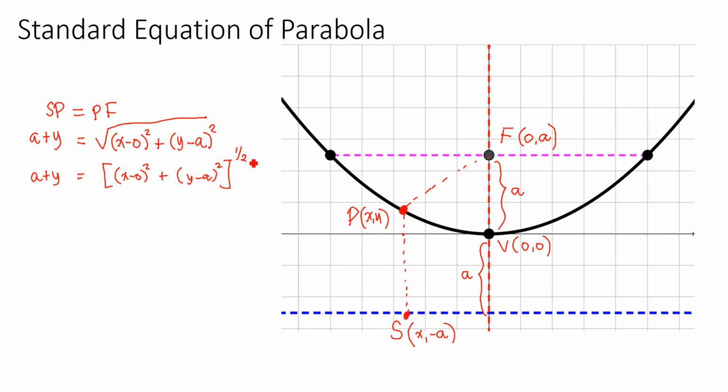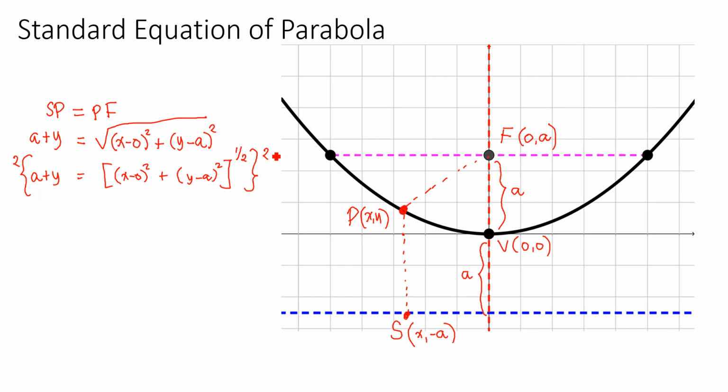Now, to get rid of the 1/2, we have to find a number that, when multiplied to 1/2, gives 1, because it's the exponent. So we raise both sides to the power of 2. 1/2 times 2 is equal to 1.